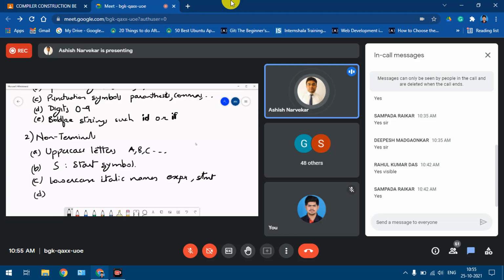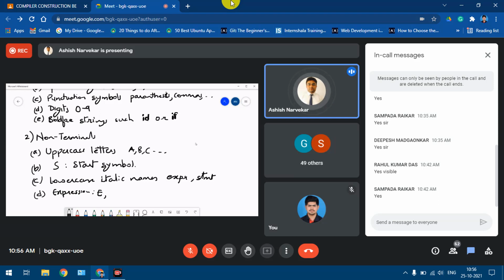And the other thing is, for example, for programming constructs, suppose you want to discuss certain programming constructs, uppercase letters can be used. Now, when I say programming constructs, we have something like expressions, we have term, or we have factor. Okay. So instead of writing expression as a whole in that entire grammar, because repeatedly we'll have to write it, what we can do is we can use E for it.